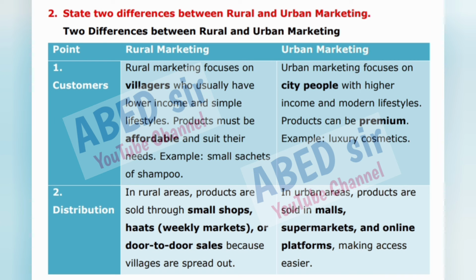2. Distribution. In rural areas, products are sold through small shops, haats, weekly markets, or door-to-door sales because villages are spread out. In urban areas, products are sold in malls, supermarkets, and online platforms, making access easier.